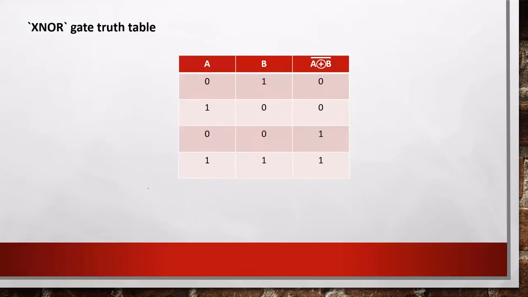Let's see how the truth table looks. If you pass 0 as the A value and 1 as the B value, based on the rule of exclusive OR, you should get 0 plus 1, which is 1. But since here we are getting the inversion, it will convert it into 0. Same as if you pass 1 and 0, it should be 1, but since you are getting the inversion, the value will become 0.